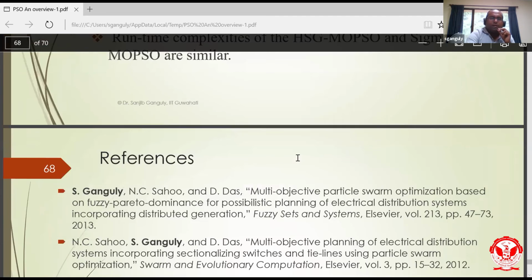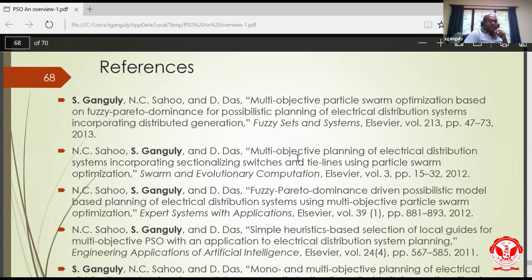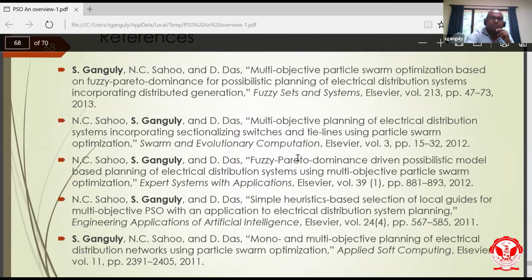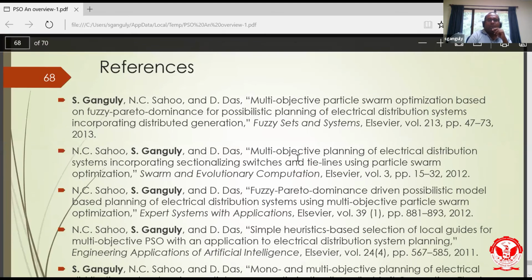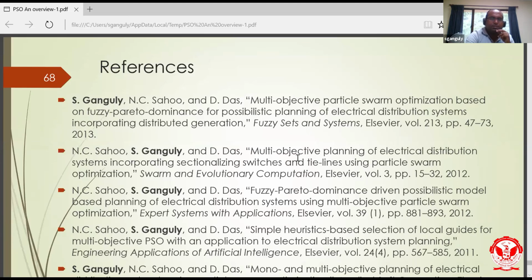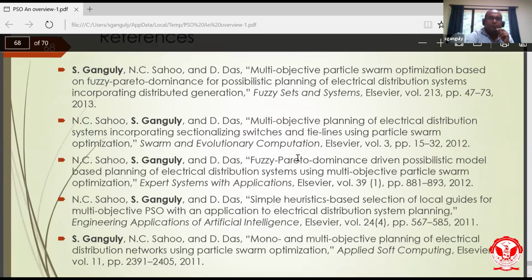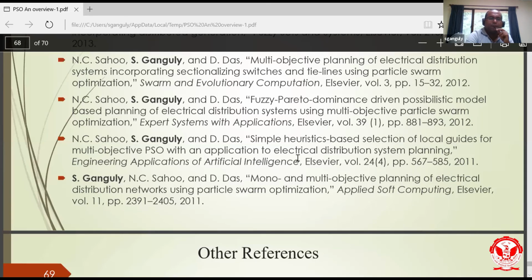Okay, now I have come to the end of this presentation, and these are the references you can follow. These are all my papers only, because all the applications I have shown you belong to my area of research. If you follow these particular papers, you can get a detailed idea. But apart from that, there are many other papers for distribution system planning and PSO.